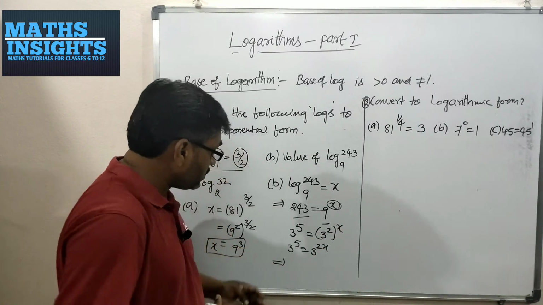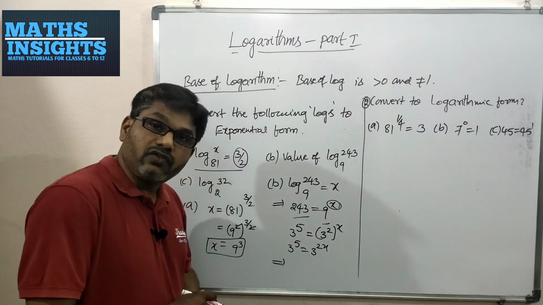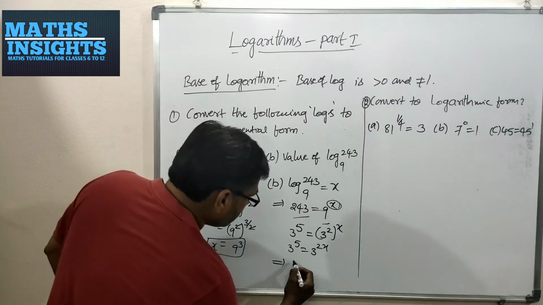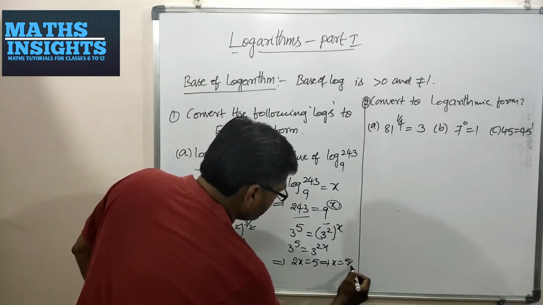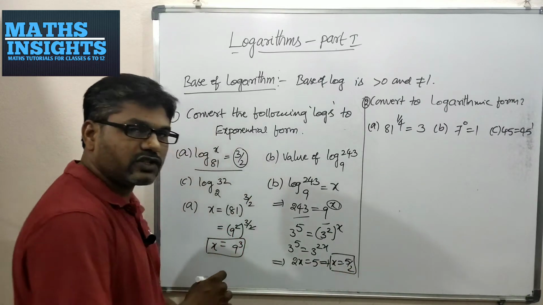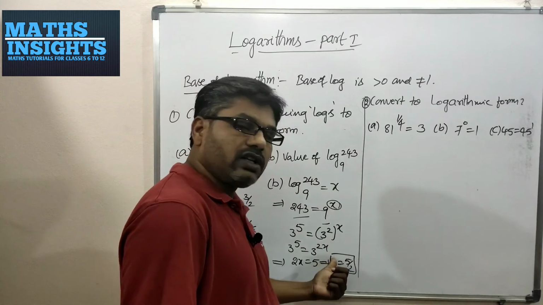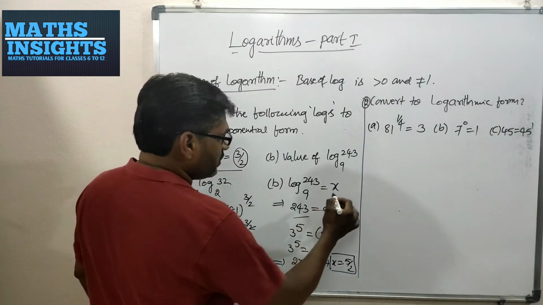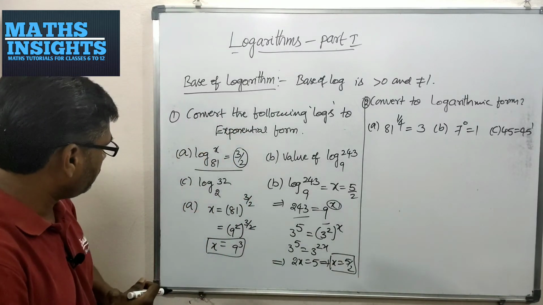So on both sides you have the same bases, so you have to equalize the exponents also. 2x is equal to 5, which implies x is equal to 5 by 2. So by converting into exponential form, you can find the value of this logarithm. Therefore you can write it as 5 by 2.